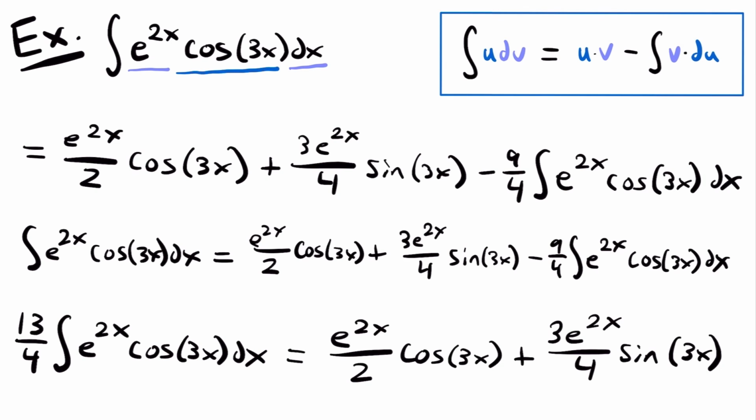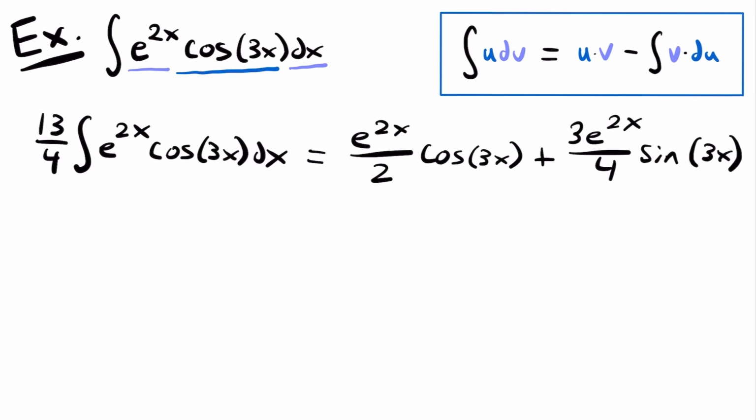And now all we have to do to finish solving this integral is divide both sides by 13/4, and then we will have that this integral is equal to these two terms divided by 13/4. And so if I clean up my work here, we will have that the integral of e to the power of 2x times cosine of 3x dx will be equal to each of these terms divided by 13/4.